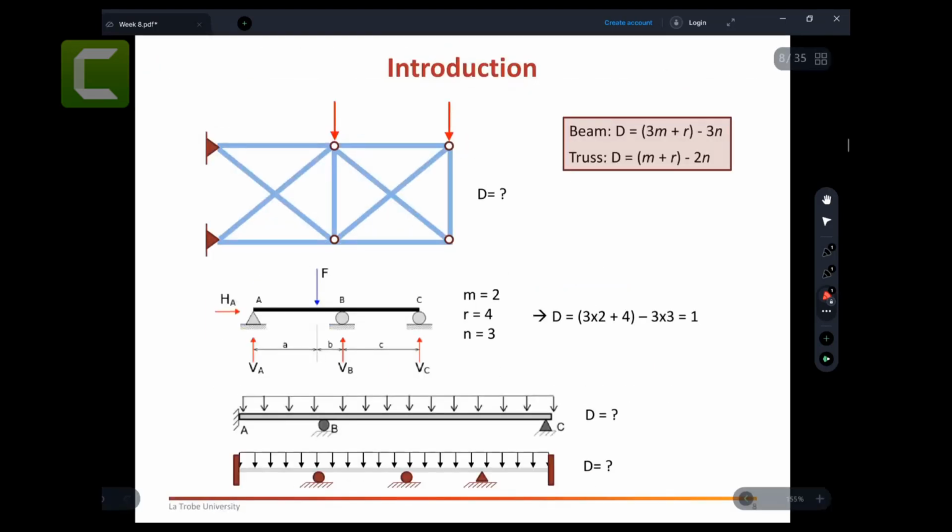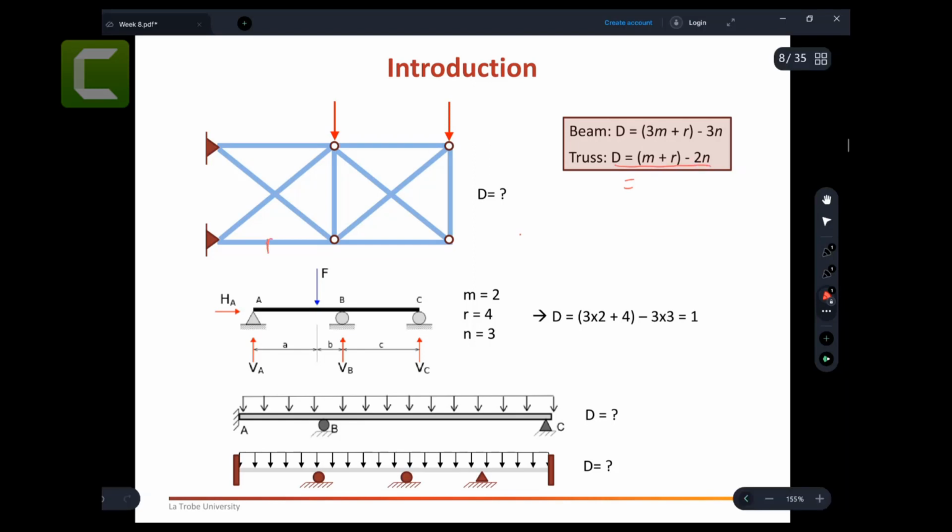I will do one and then you help me with the rest. Now this is a truss and someone asks you, can you please find me the D? D equal to how much? Which is the degree of indeterminacy. Determine the degree of indeterminacy. For that case, we have an equation to calculate the degree of indeterminacy, equal to m plus r minus 2n. How many members?